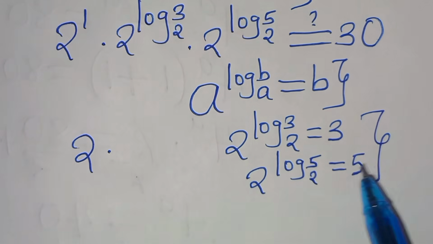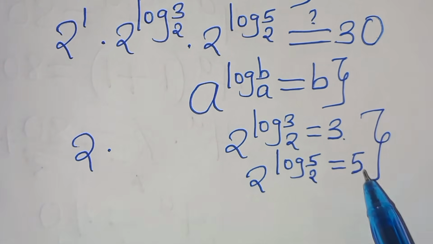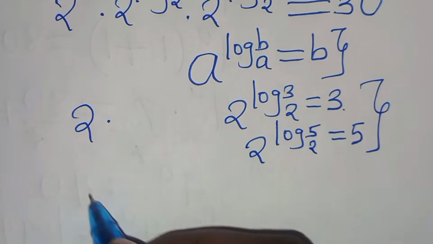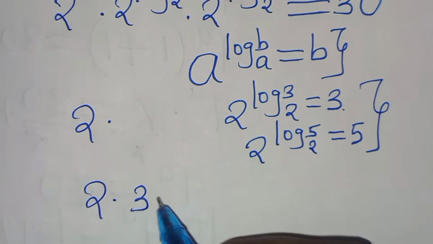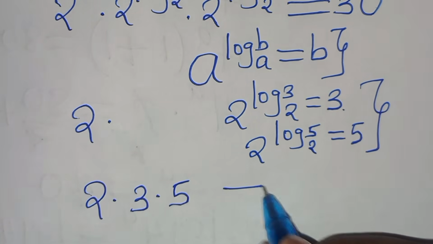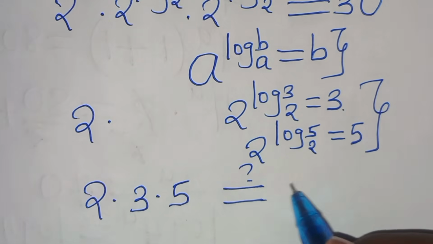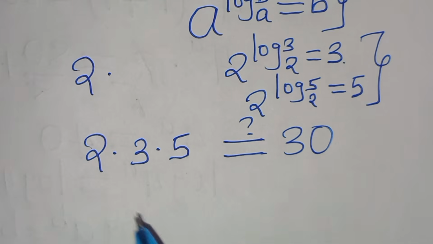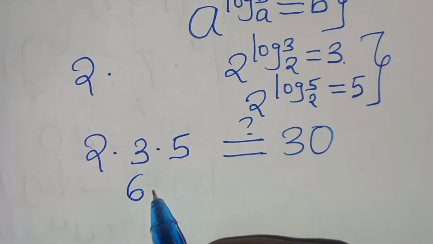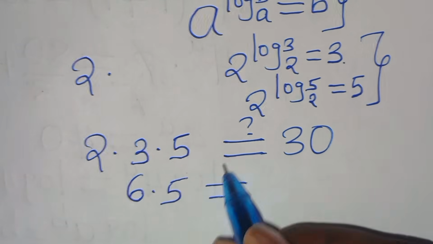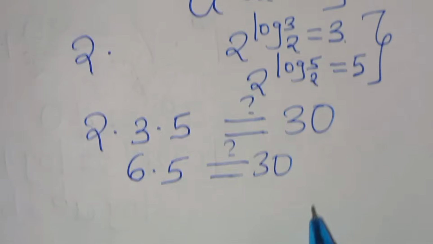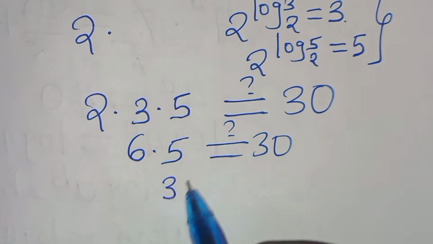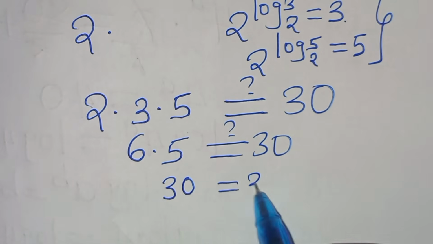So let's substitute 3 and 5 into the equation: 2 times 3 multiplied by 5. So 2 times 3 is 6, times 5, and of course 6 times 5 is 30, which is equal to 30.